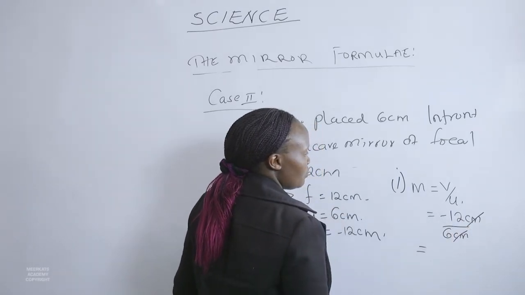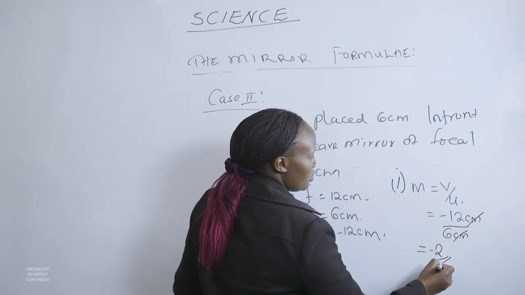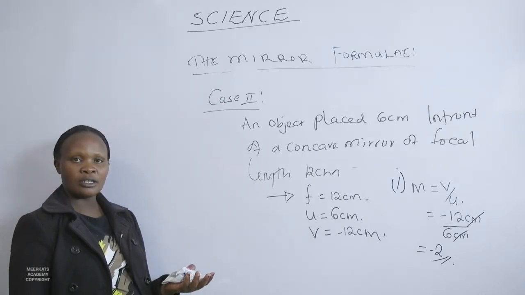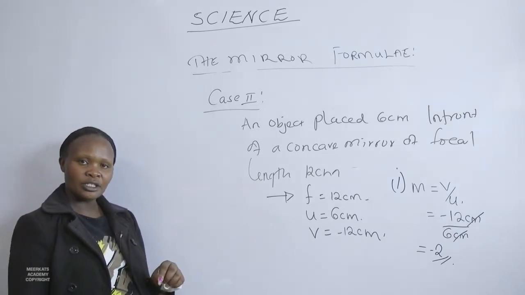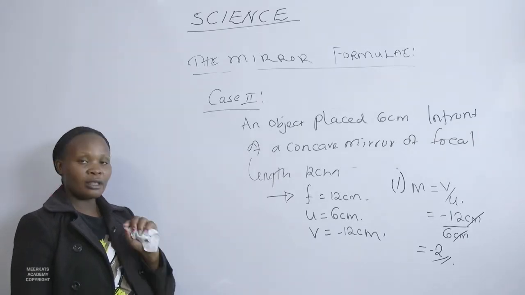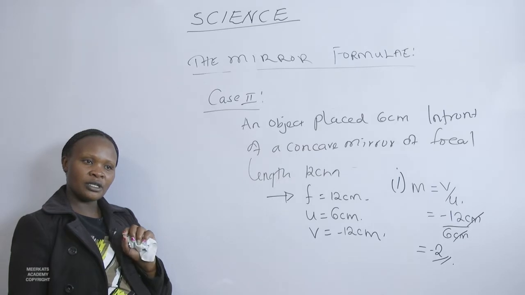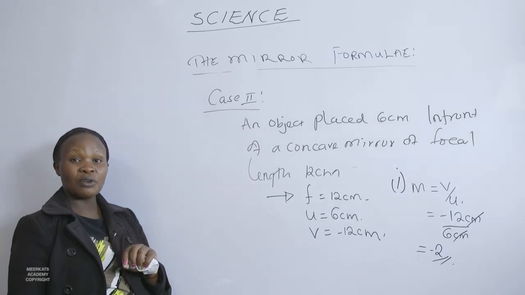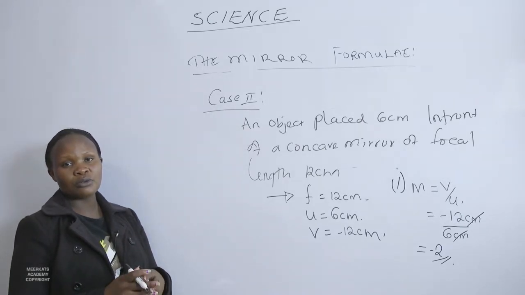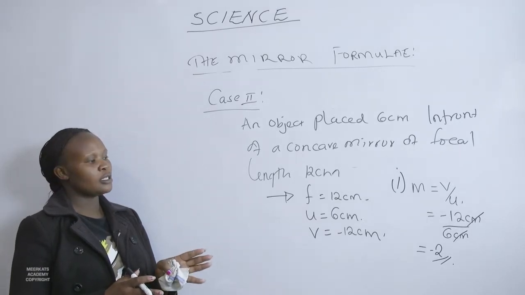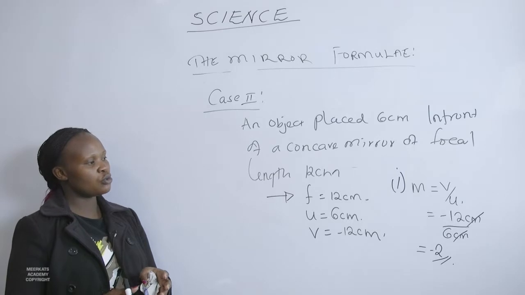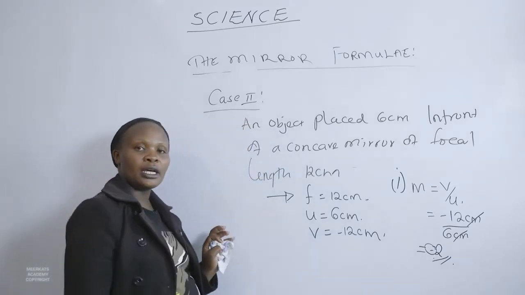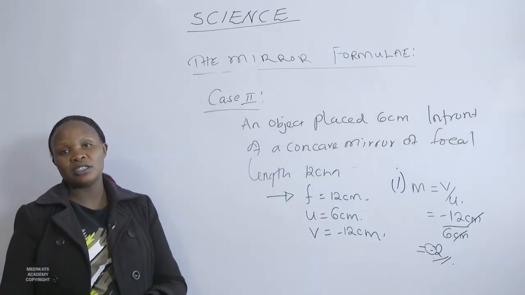Again, our magnification becomes negative 2. Why negative 2? We have used the same reflector. Much as the magnification of the concave reflector was 2, this time the image that was formed was virtual, as opposed to the other two cases that we have looked at. This time round the image was virtual, and therefore the sign should only be there to confirm that your image is not real.